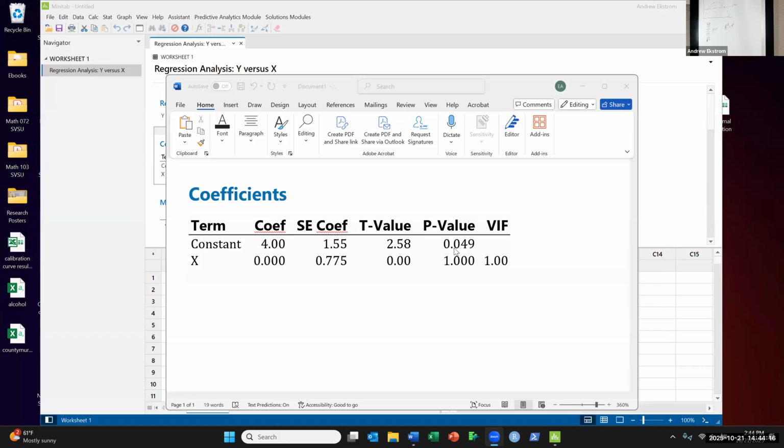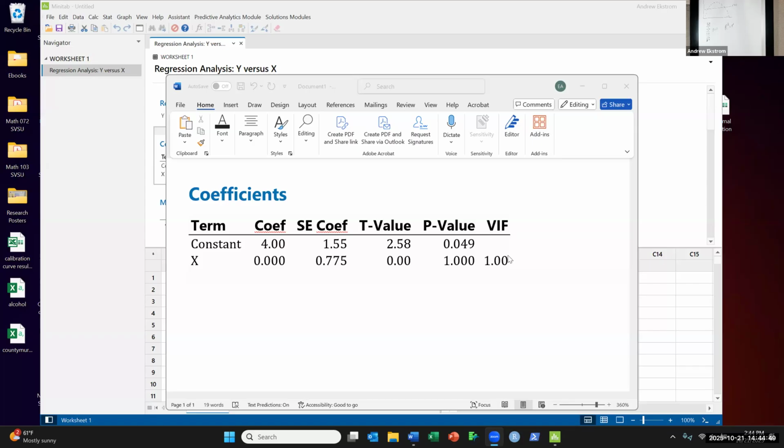This p-value is below that 0.05. So that's telling us that there seems to be a statistically significant term here, which is the constant. When we look at x, it's telling us that the predicted coefficient for x is 0.000. The standard error for that coefficient, 0.775. The p-value is 1, so that's way above 0.05.